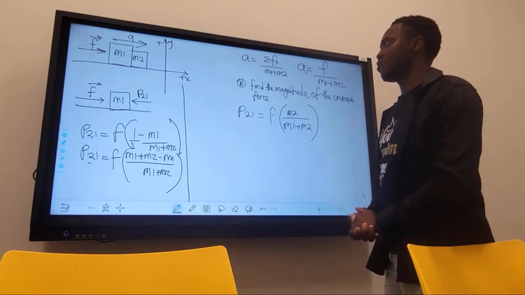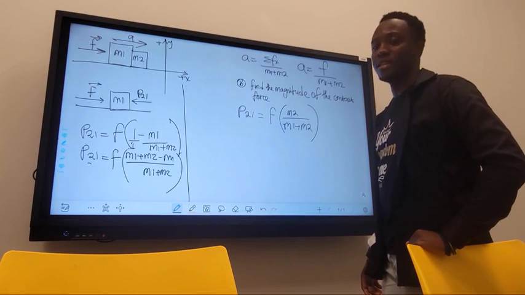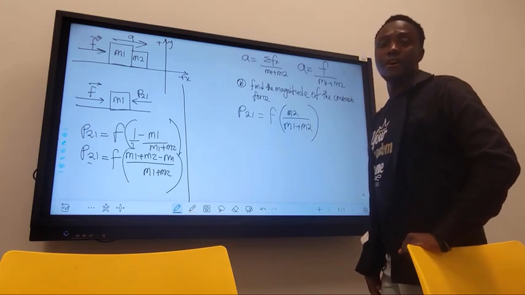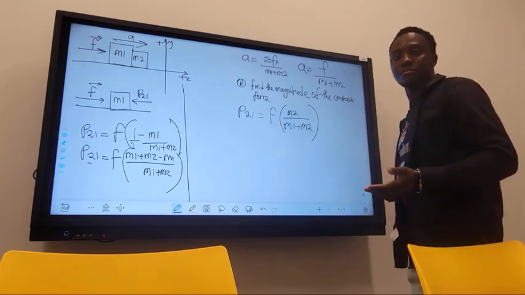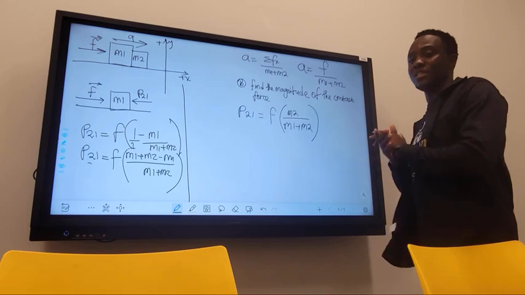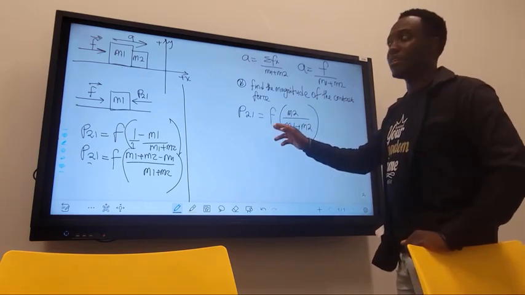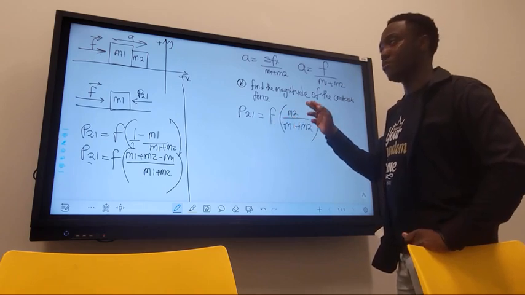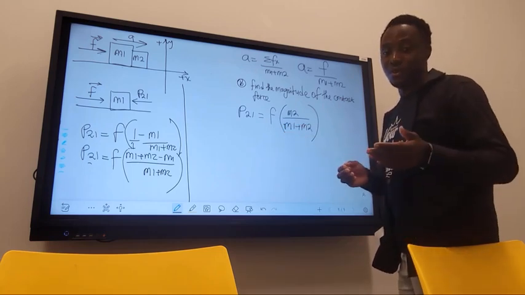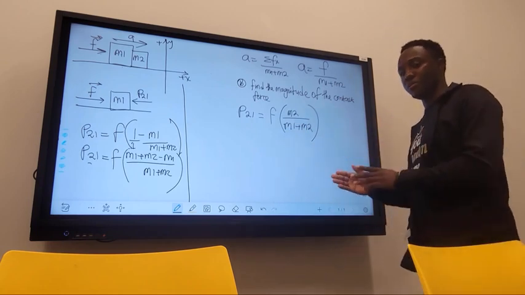So one might ask, what about the contact force happening on m2 from m1? If you know Newton's third law of motion, it says for every force there is an equal but opposite reaction. So that would tell us immediately that the same force happening on m1 by m2 is the same force happening on m2 by m1.